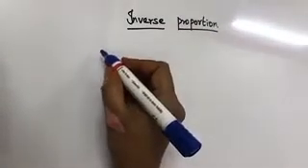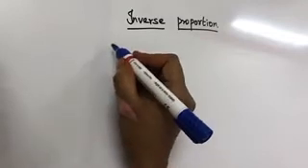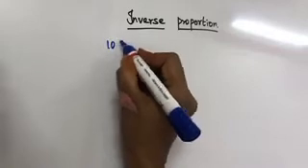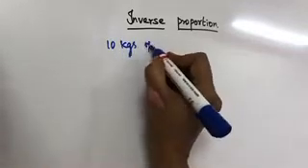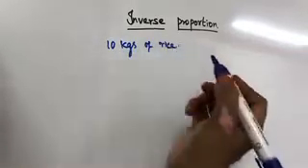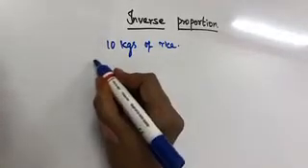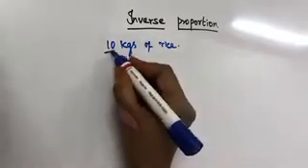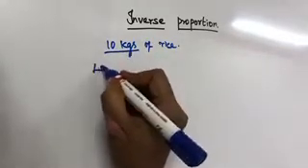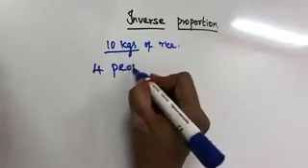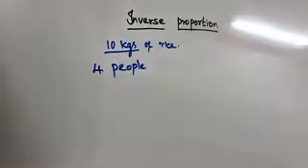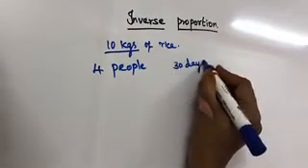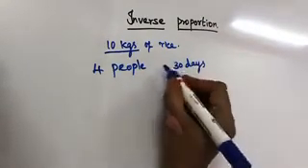Now, for example, in a house, the mother has 10 kgs of rice. 4 people can have the 10 kgs of rice for approximately 30 days.